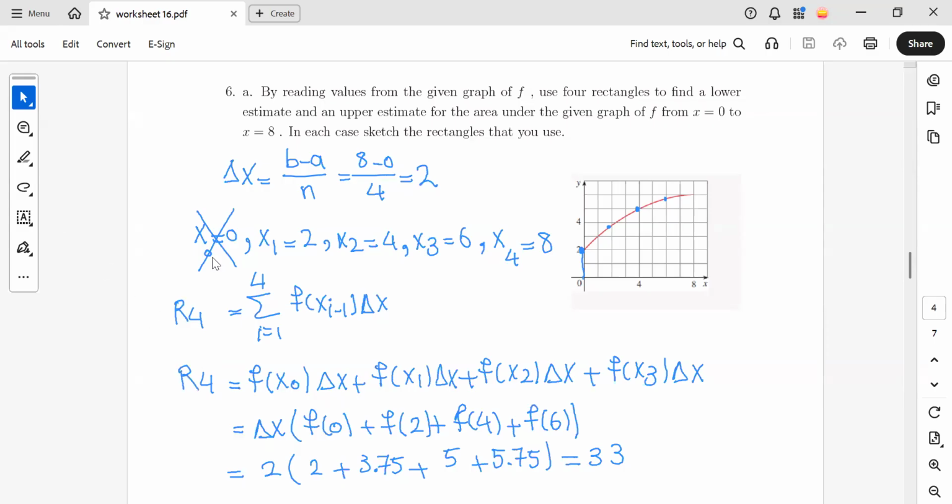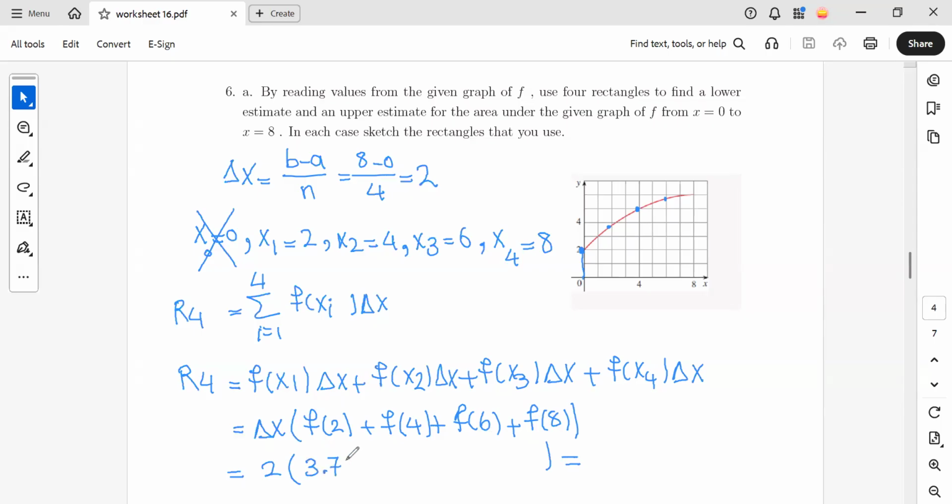In the definition, that would be just i, so it starts from 1. These will change, and of course, the numbers change. So we start from x sub 1, 2, 3, 4, and that will be 2, 4, 6, 8.